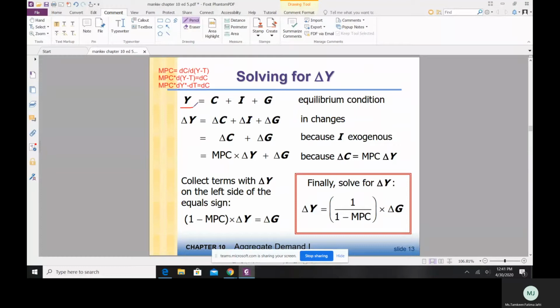Delta on both the sides. Okay, delta represents change. So I can rewrite this equation as change in Y is equal to change in C plus change in investment plus change in G.